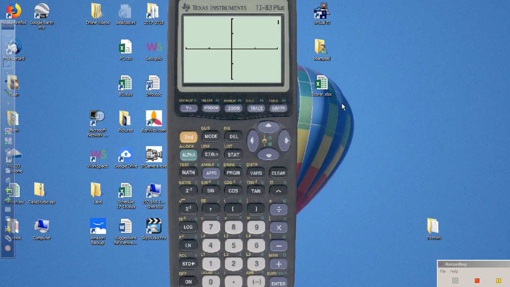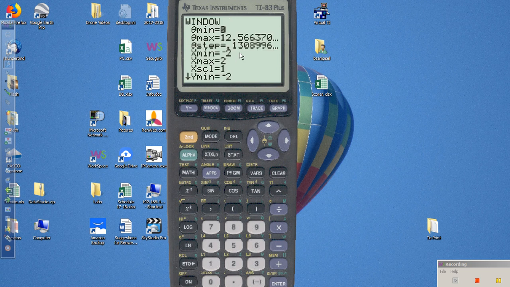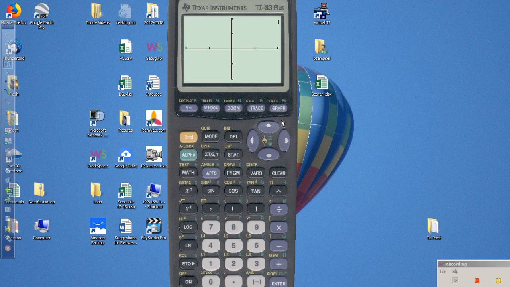There's sine. And let's change the window even, maybe 2 pi to 4 pi, and a theta step of 0.02. And you get a circle.